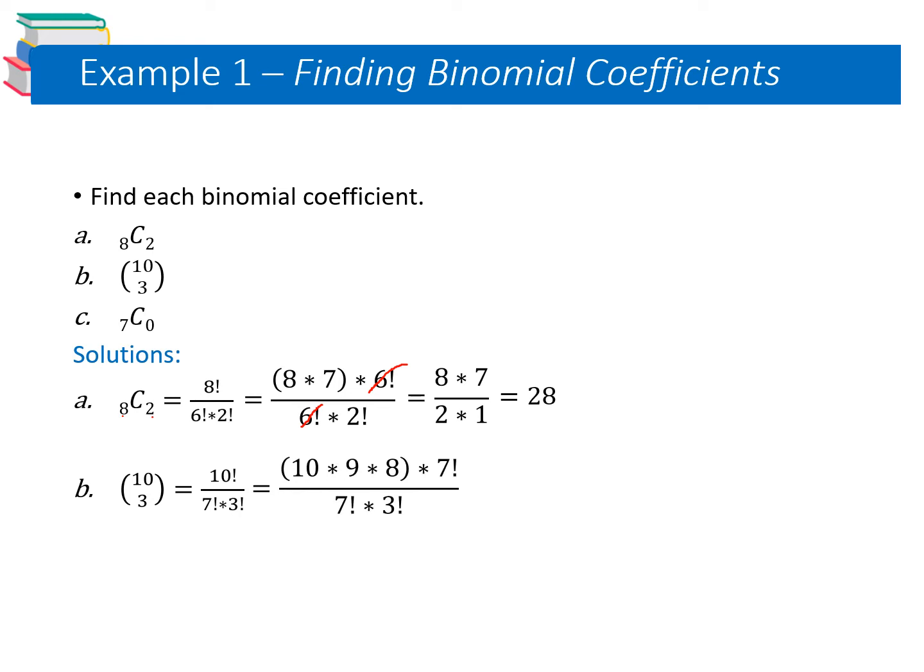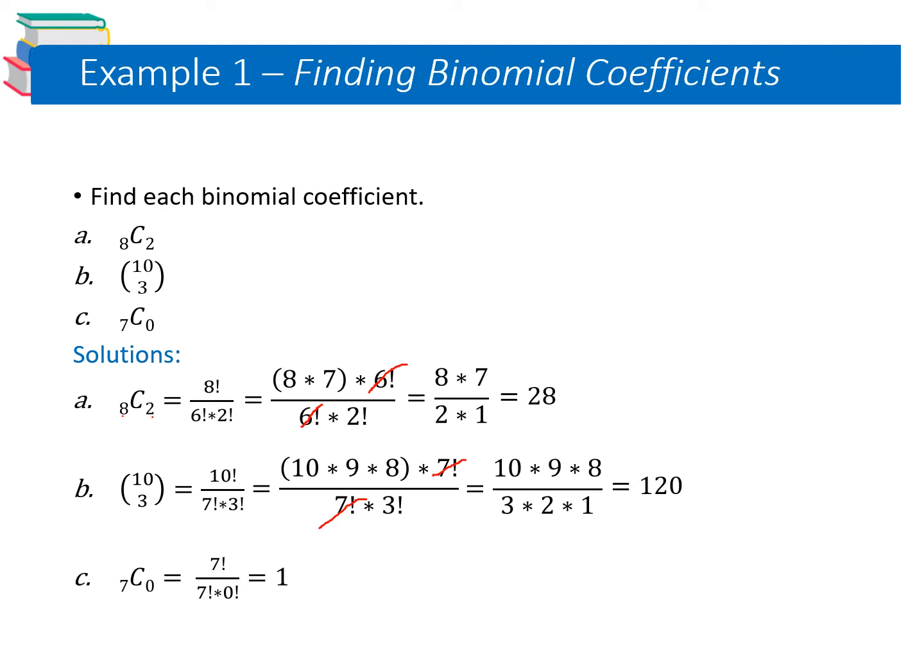That's all. So, it is equal to 10 times 9 times 8 times 7 factorial, so I don't have to write so much, so 10 times 9 times 8 over 3 times 2 times 1 is 120.